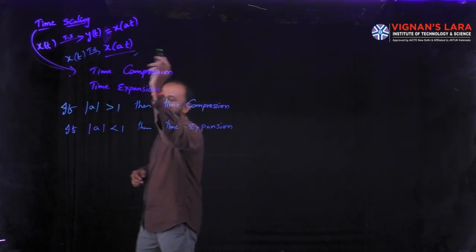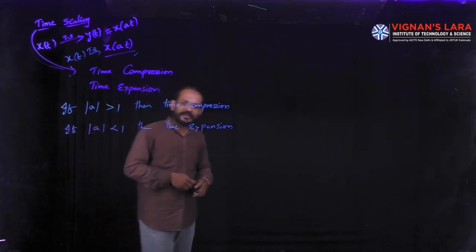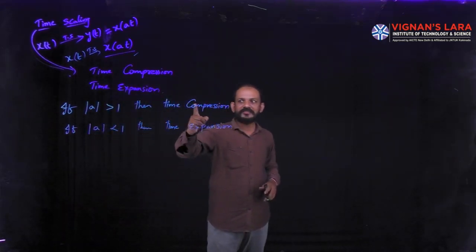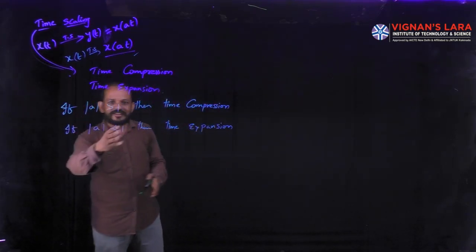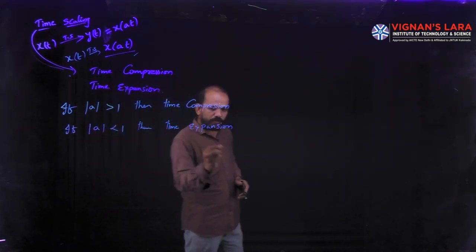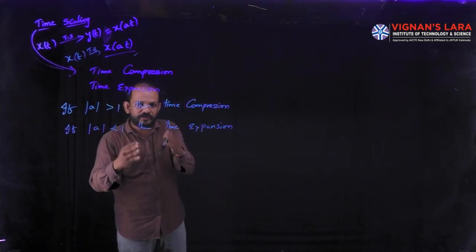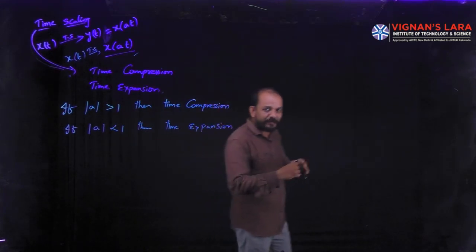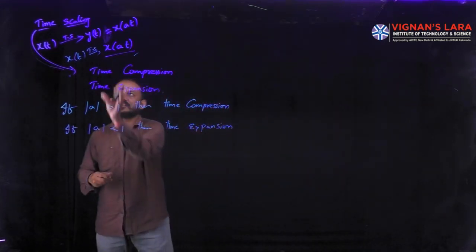In general, a is always positive. If mod a is greater than 1, then the time scaling operation will result in time compression. If mod a is less than 1, like 0.5, 0.6, then the time scaling operation will result in time expansion. So this is the theory about time scaling.